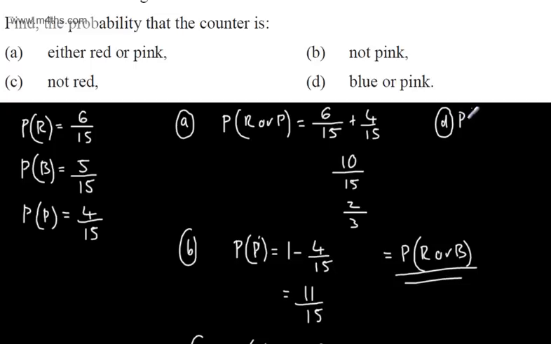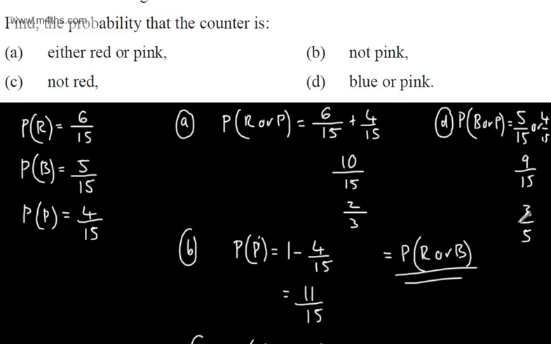So the probability of a blue or a pink, well, the probability of a blue is going to be 5. So let's write this down, 5 over 15. And the probability of a pink is 4 over 15, which gives me 9 over 15. If I wanted to simplify, I could write this now as 3/5, dividing the numerator and the denominator by 3.